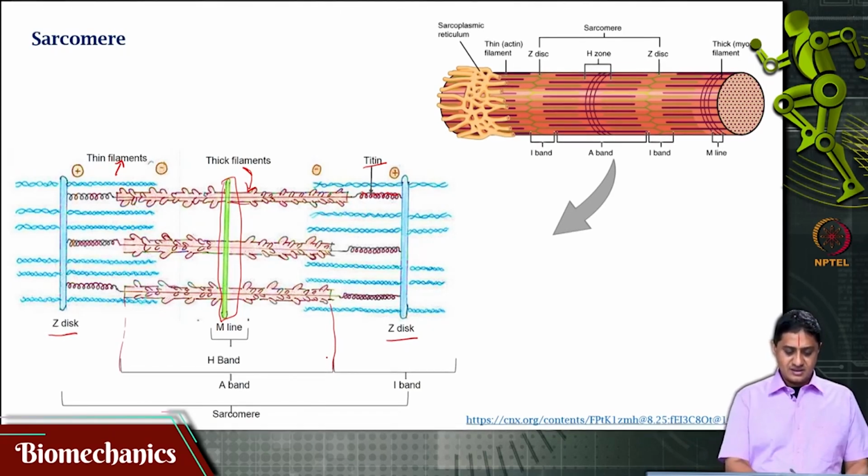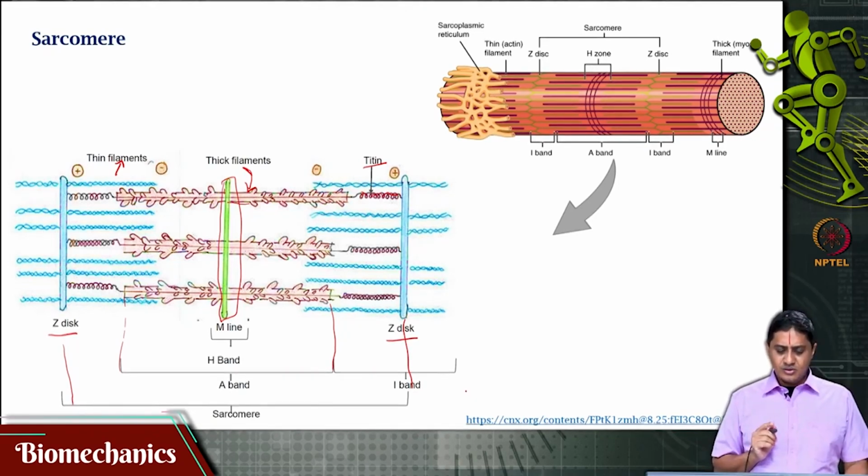And the set of all components between two Z discs is called a sarcomere, which is the smallest functional unit in a muscle.